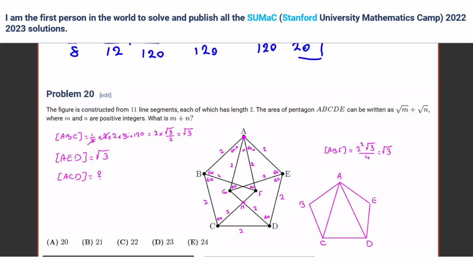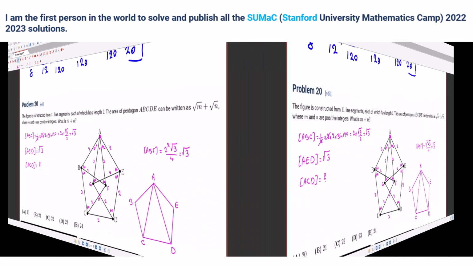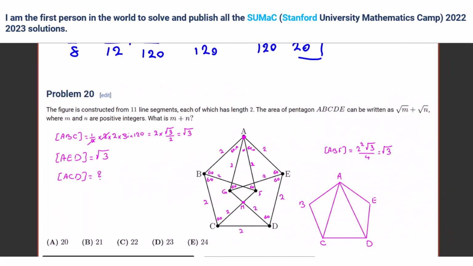So try it first on your own. I got root 11. Root 11, why?